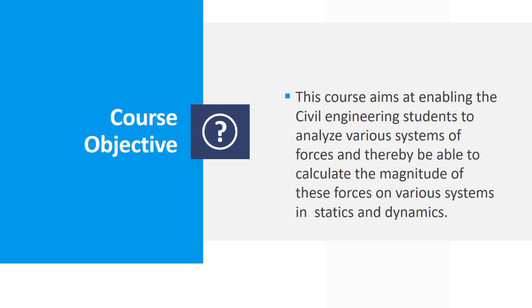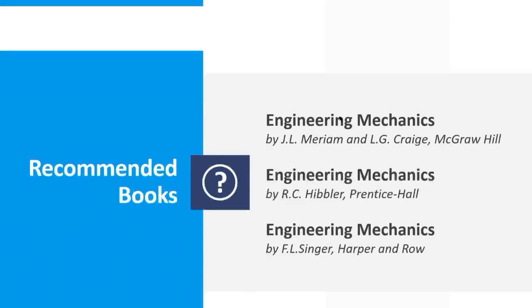First of all, we will analyze and explore the different kinds of forces inside a system, and then we will study the effects of these forces when they are in statics and when they are in dynamics, and what the effects of these forces are on different systems. What are the different kinds of effects, what different kinds of stresses, what different kinds of deformation these forces produce on different systems. So this is the whole idea of this course.